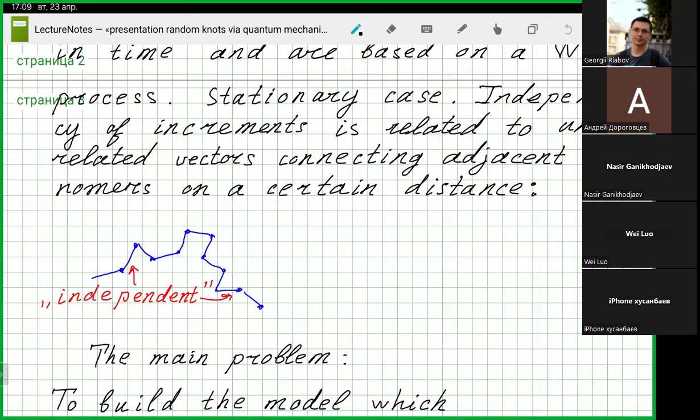So Varadhan and Evans proposed some procedure for how to exclude or punish trajectories which have self-intersections. So people built the polymer measure starting from the Wiener process distribution. But as I say, this is like the stationary case where there is no evolution with time.